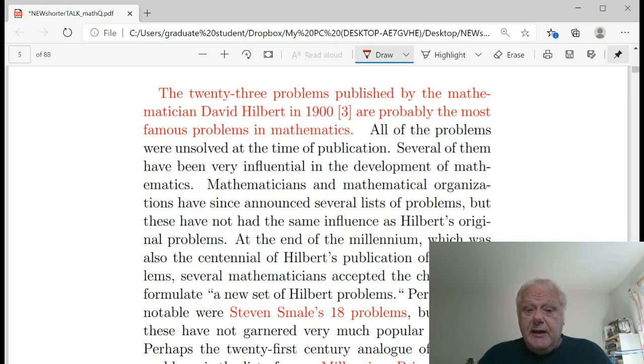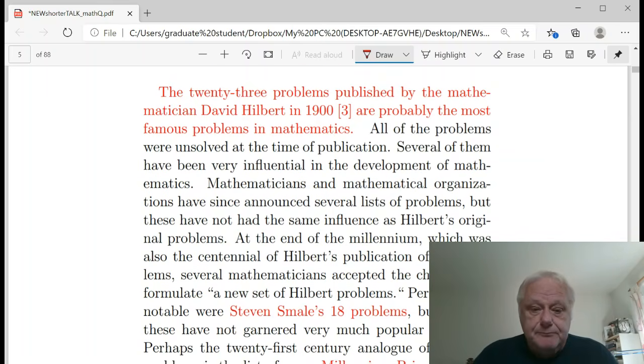Since that time, there have been several people and institutions that have announced new lists of problems, but I think it's fair to say they haven't had quite the same influence as the original questions by Hilbert, although I will mention a couple of these lists in a moment.